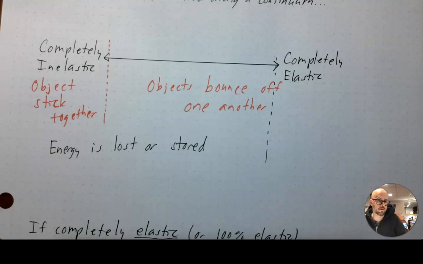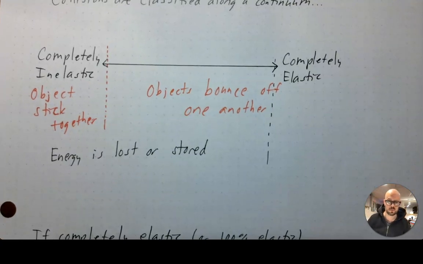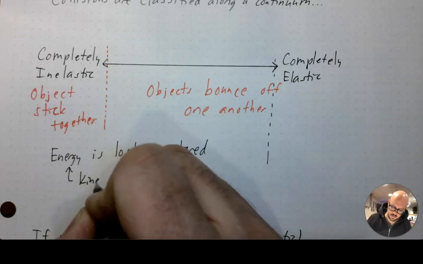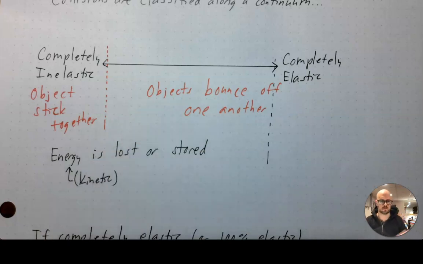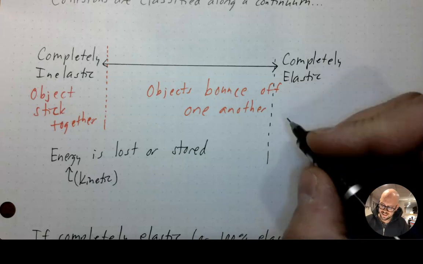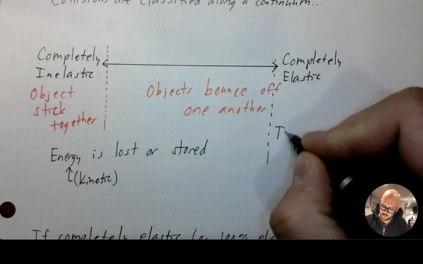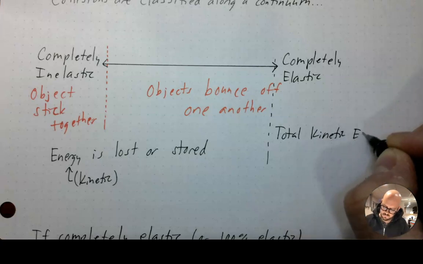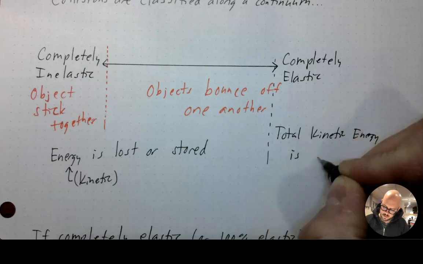Our energy unit will help us determine whether the energy is lost or stored, but basically it has to do with what type of energy gets created in a situation where kinetic energy is lost. And that's actually worth pointing out, that this energy is kinetic energy because the objects are moving and then collide. When we say completely elastic, we mean that the objects bounce off one another and the total kinetic energy is constant.